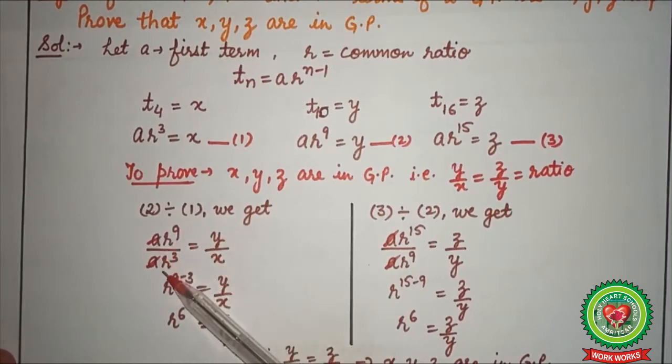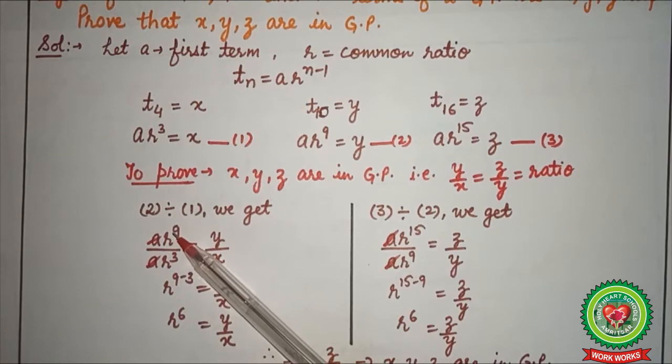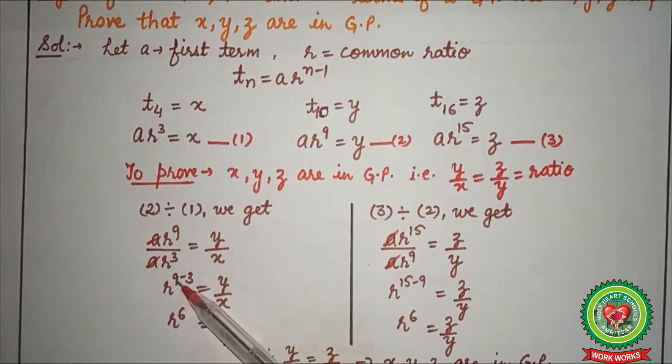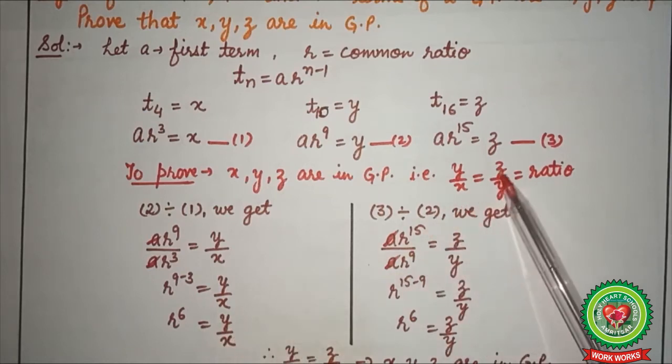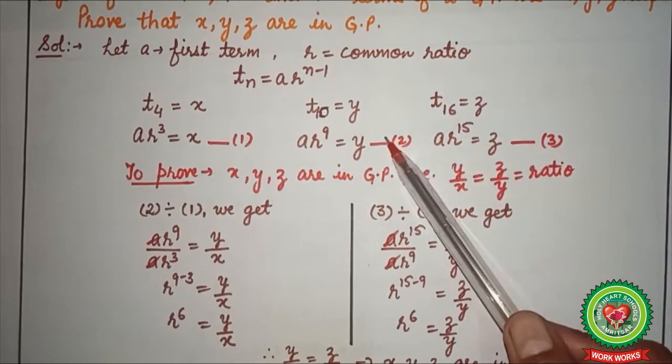So A cancels with A, and R raised to power 9 and R raised to power 3: bases are the same and it is division, so powers will be subtracted. So y upon x will be equal to R raised to power 9 minus 3. So it is R raised to power 6 is equal to y upon x. Now for the second ratio, z upon y, divide third by second.